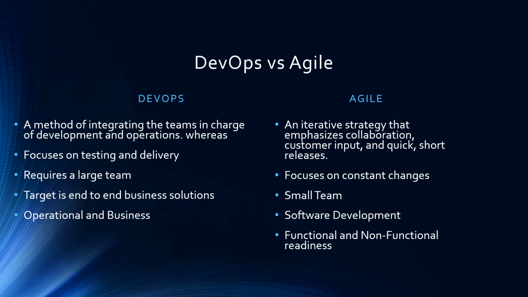DevOps also requires a large team, whereas Agile requires a small team. The target of DevOps is end-to-end business solutions, whereas Agile is more based on software development. And finally, DevOps is more operational in business, and the Agile system is more about functional and non-functional readiness.